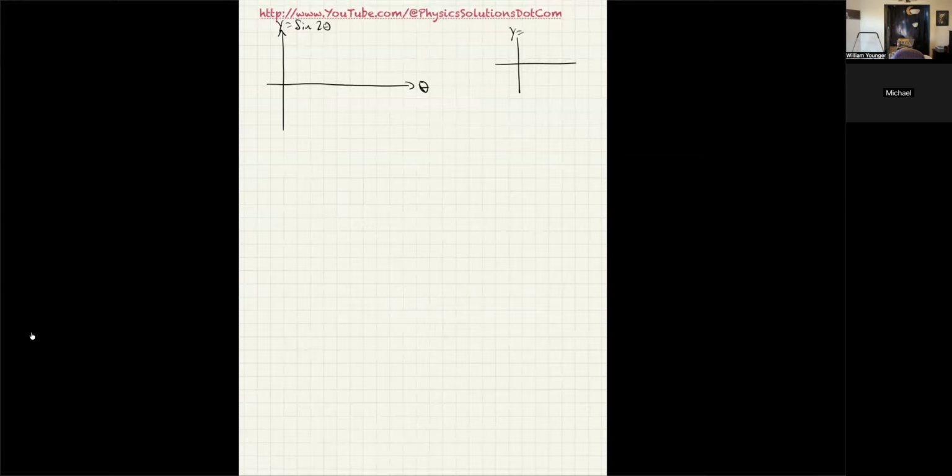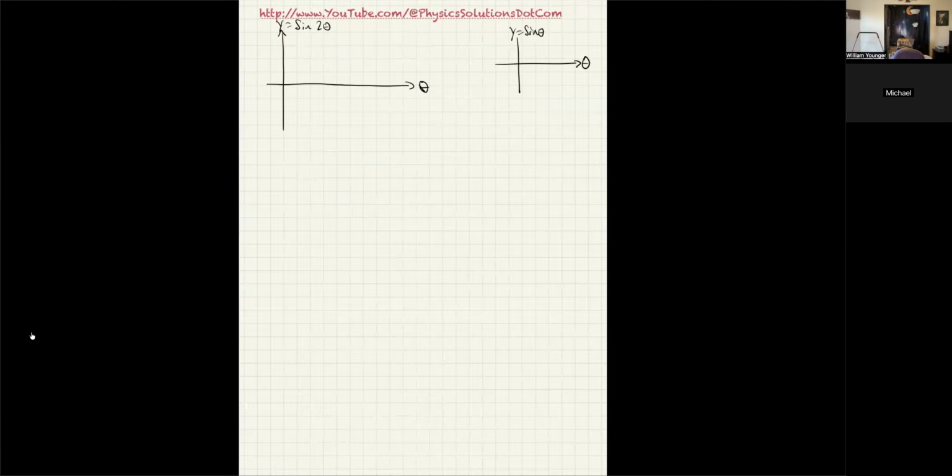So, with that in mind, I'm going to make a plot of the sine of 2 theta. So, this is theta on the horizontal axis and y equals the sine of 2 theta. Now, normally, y equals sine theta and theta goes like this.